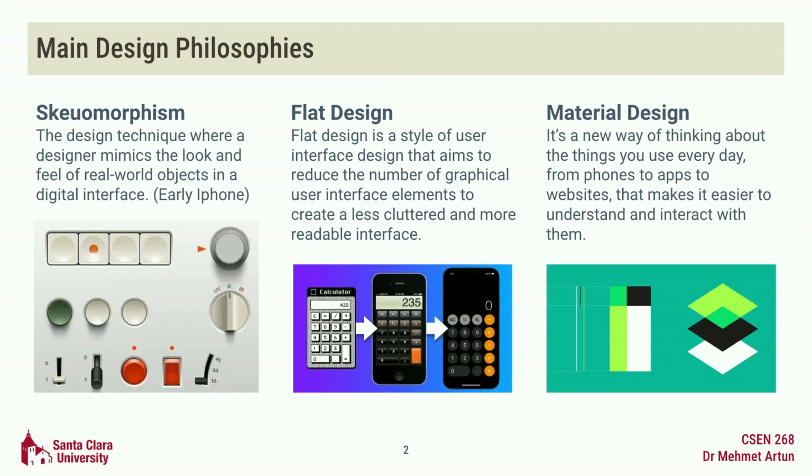Not a lot different, but slightly different. You don't do the drop shadows and so on and so forth. It becomes too clunky. And also drop shadow is massively expensive for the GPU, okay? So then came the material design.